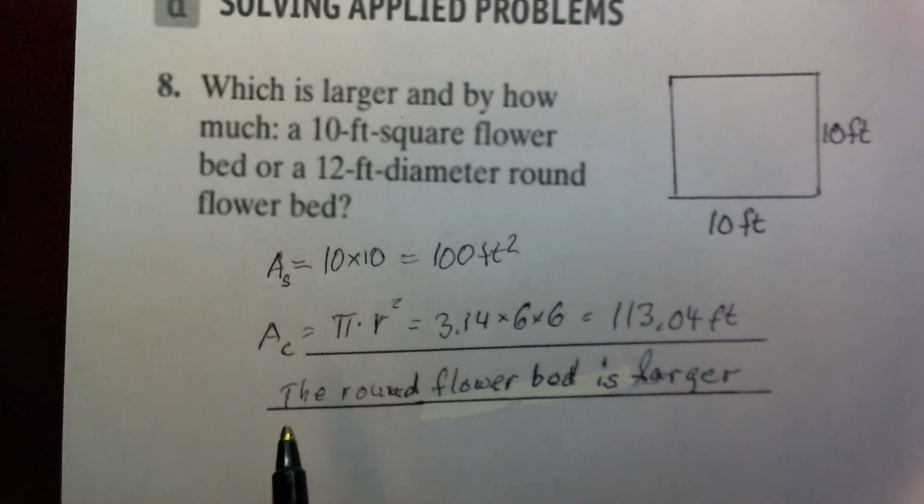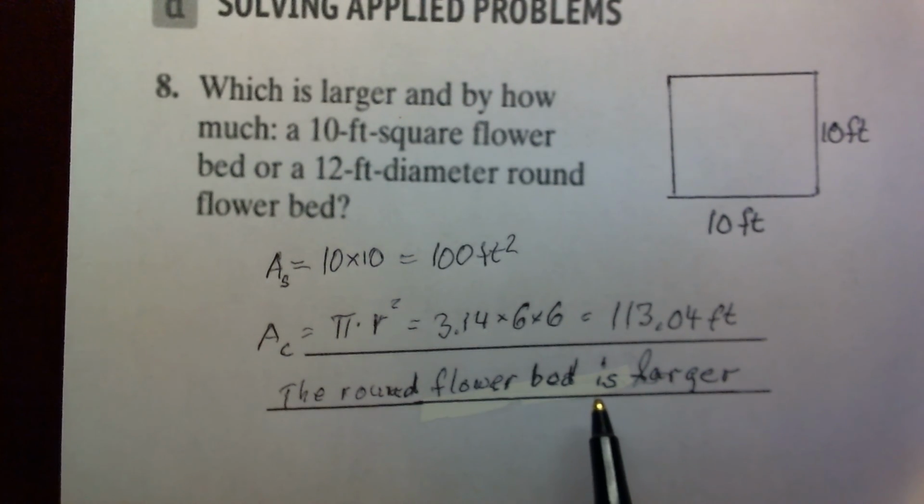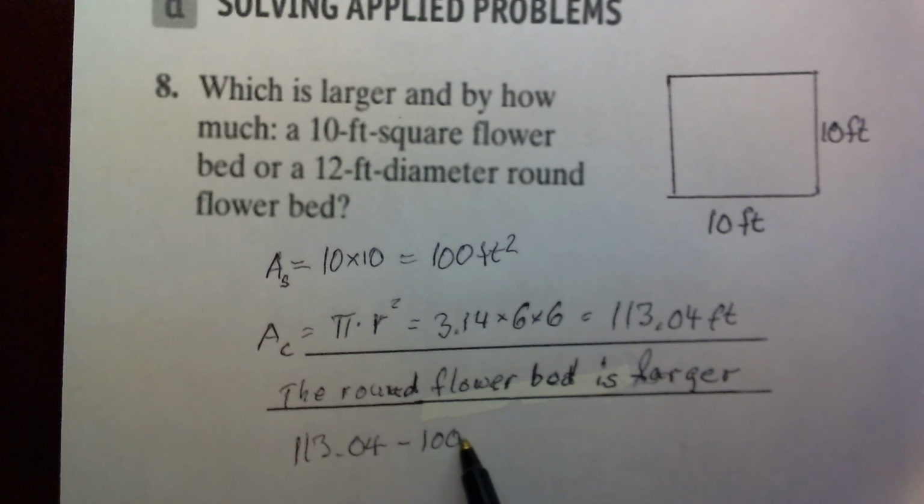To determine the second question, by how much, we subtract the smaller area from the larger area, and in other words 113.04 minus 100 is equal to 13.04 square feet.